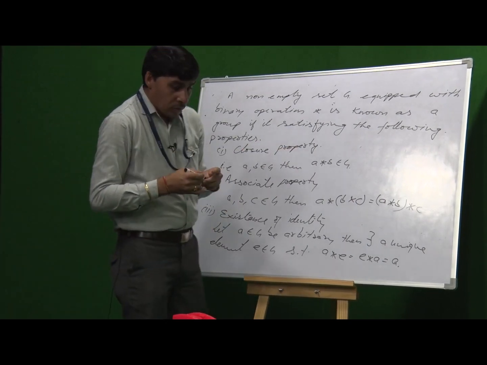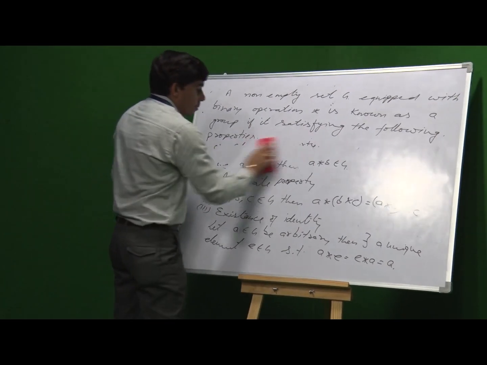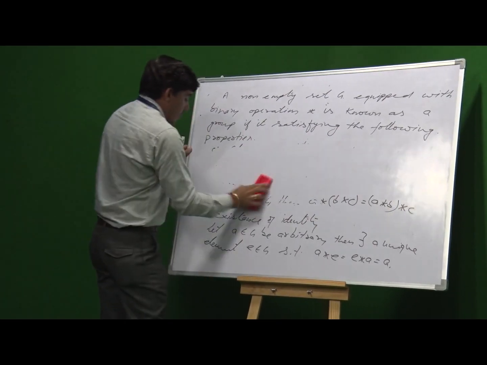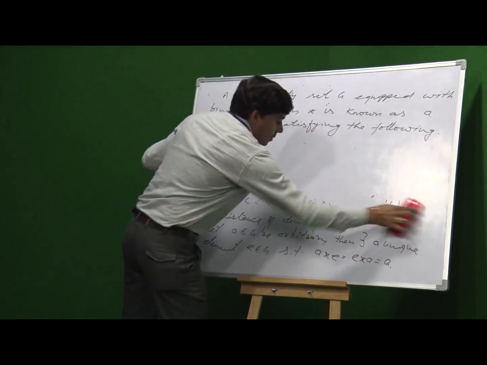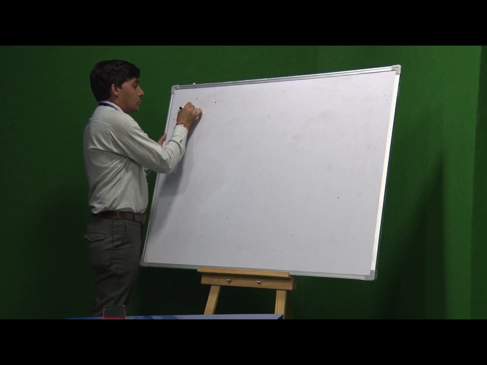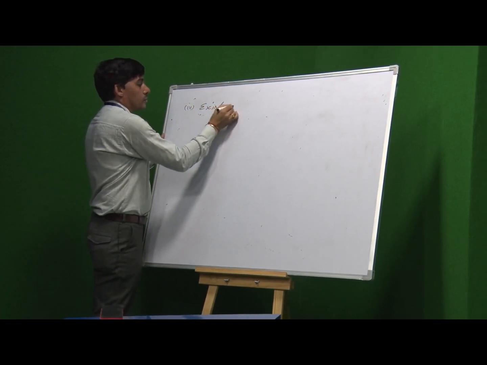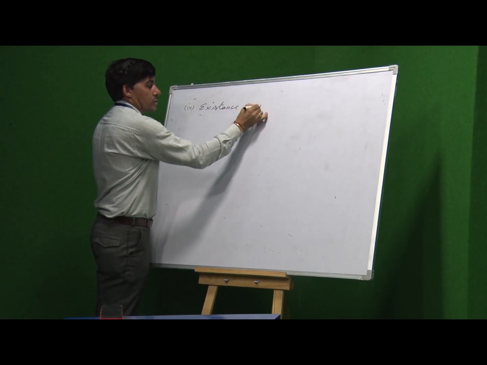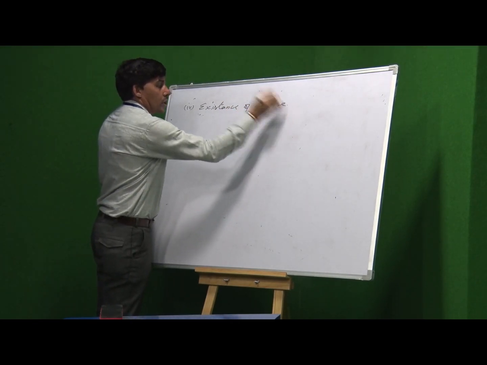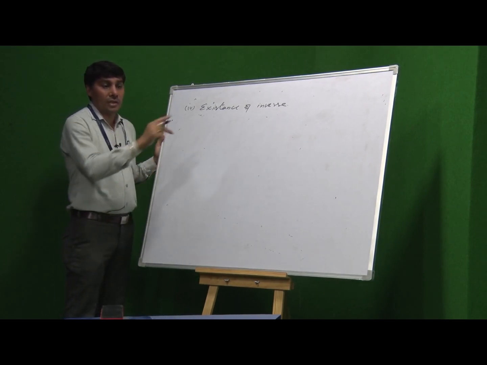The fourth one, existence of inverse. In this property, every element has its inverse in the same set.